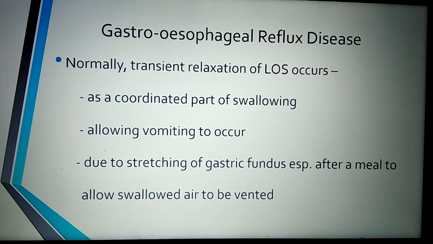Sometimes if a person, for any reason, wants to vomit, then it can relax and allow the vomiting to occur. And sometimes, due to excessive stretching of the gastric fundus, especially after a meal, it relaxes to allow the swallowed air to be vented.